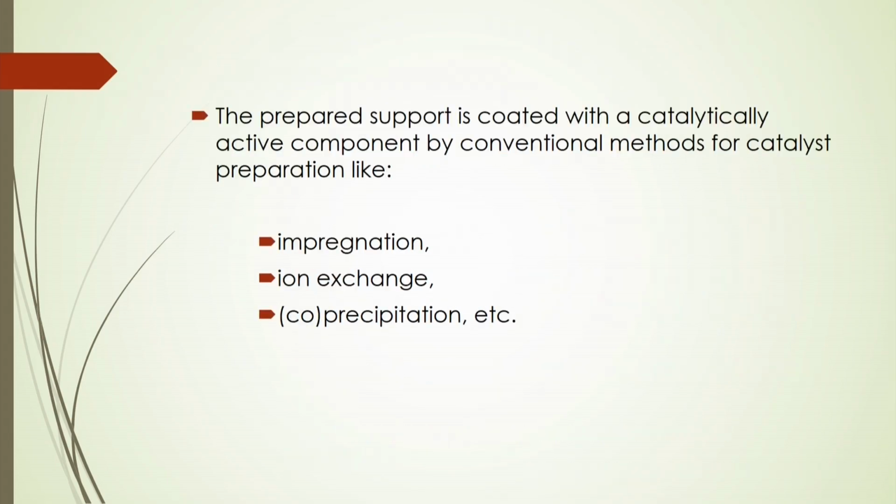And the prepared support is coated with a catalytically active component by conventional methods for catalyst preparation, like impregnation, ion exchange, co-precipitation, etc. These are the methods by which you can coat the prepared support with catalytically active components.